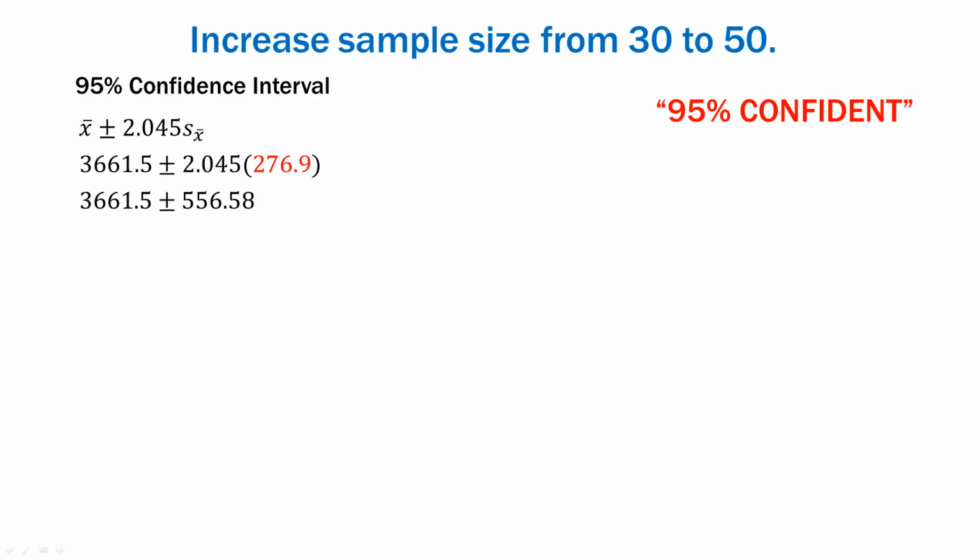Because remember, our standard error is the standard deviation divided by the square root of the sample size. So if the sample size changes, our standard error is going to change. It actually decreases to 276.9. In the previous example, where our sample size was 30, it was 357.48. So increasing the sample size decreased our standard error.